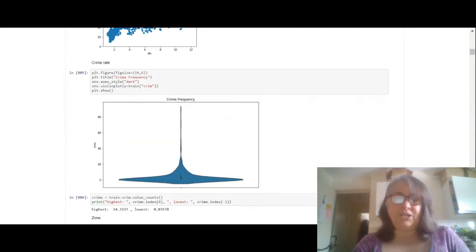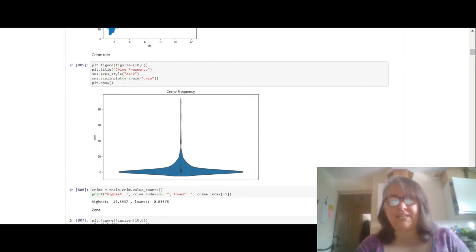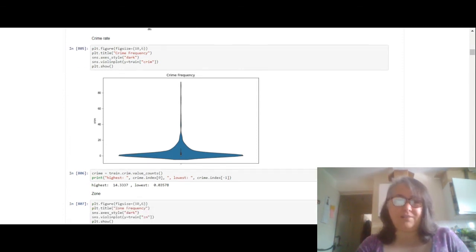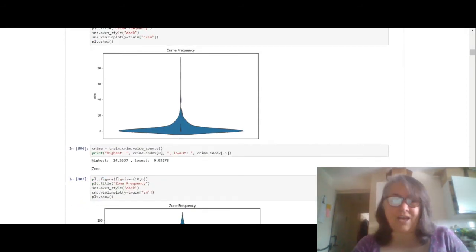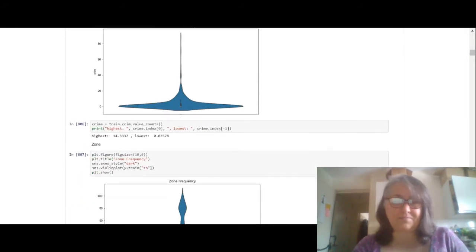So now we're going to analyze the different columns. You've got the crime rate. The lower the value of the house, the higher the crime rate. And the highest incidence of crime rate is 14.3337, and the lowest incidence is 0.03578.